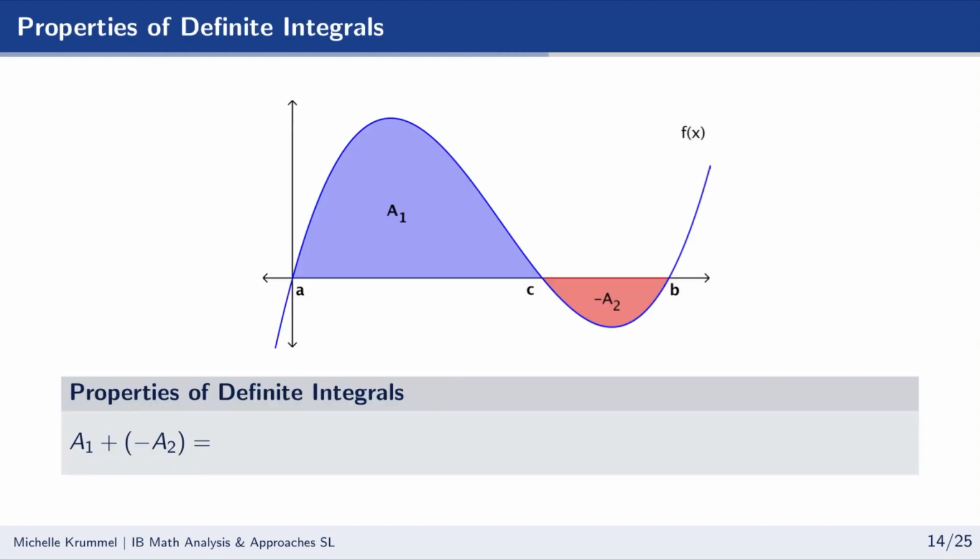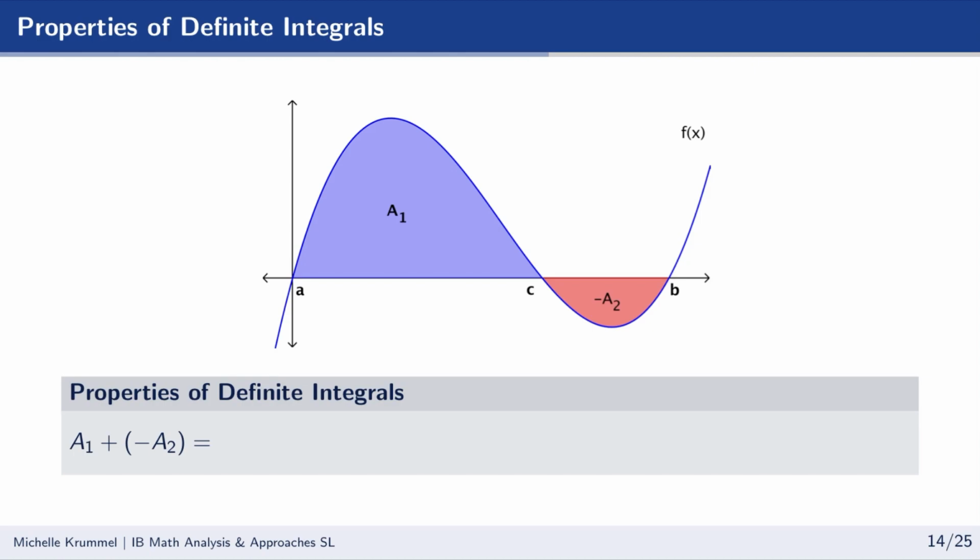Okay, now we're going to review some properties of the definite integral. We've already talked about this a bit before. If we have area above the x-axis, then that is going to be considered positive area. And if we have area below the x-axis, we're going to consider that negative area, or negative 1 times the area.